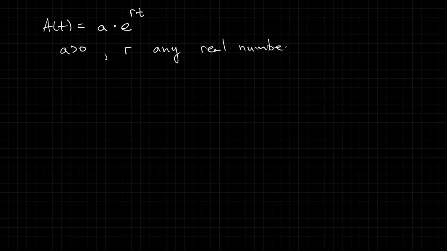The function a of t, which is lowercase a times e to the rt, if a is greater than 0 and r is any real number, this here is called continuous growth or decay.